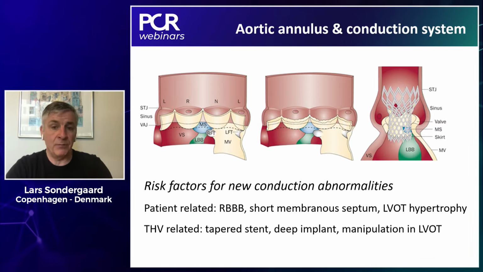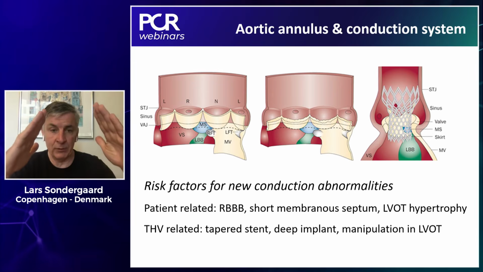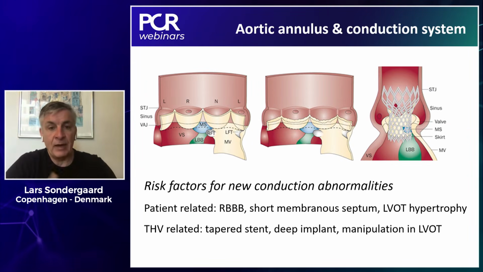But there can also be some features of the valve itself which are associated. First of all, if you have a tapered valve design, as you see, for example, with the Evolut where it's flaring up in the left ventricular outflow tract, that's going to have a higher risk of interference with the conduction system compared to a cylindrical configuration of the stent frame, as you see for the Navitor valve. And maybe also very important, we should try to implant this valve as high as possible.